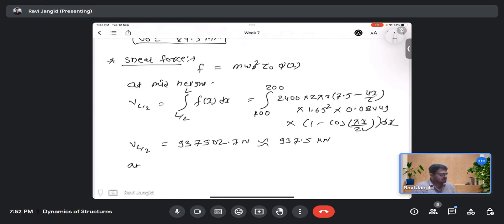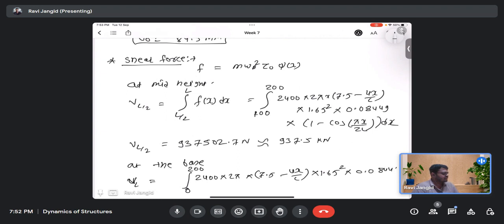Similarly, at the base, you need to do this from 0 to 200. Same thing, you do not need to change: 2400, 2 pi, 7.5 minus 4x by L, 1.65 square, into 0.08449 into 1 minus cos pi x by 2L, into dx.